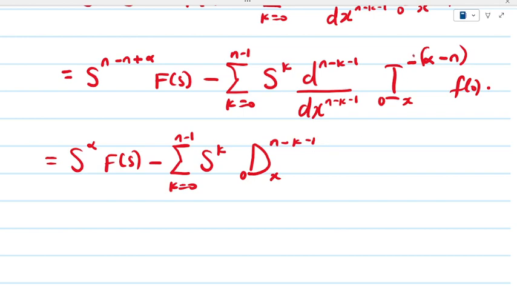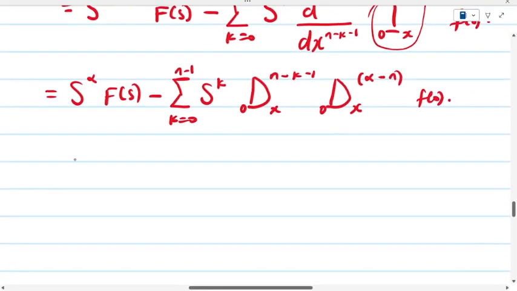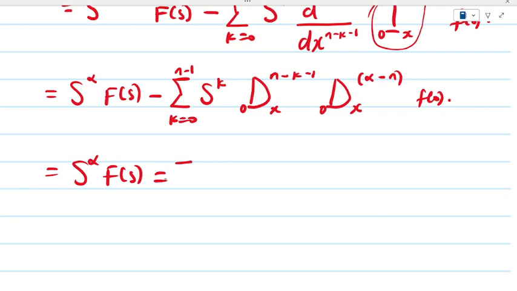Then this is the inverse of the integral, and the inverse of the integral gives us the derivative from 0 to x of order alpha minus n, of f of 0.